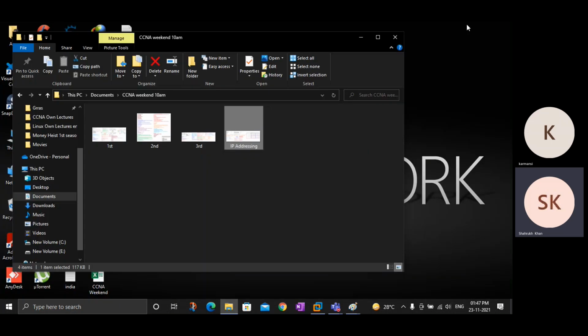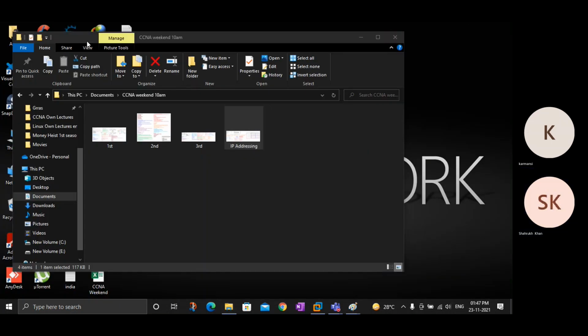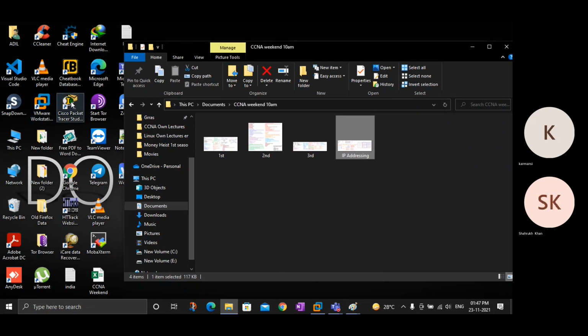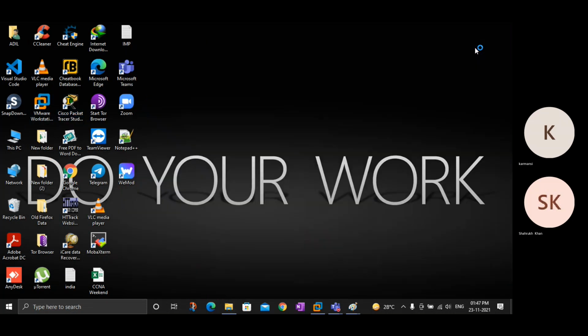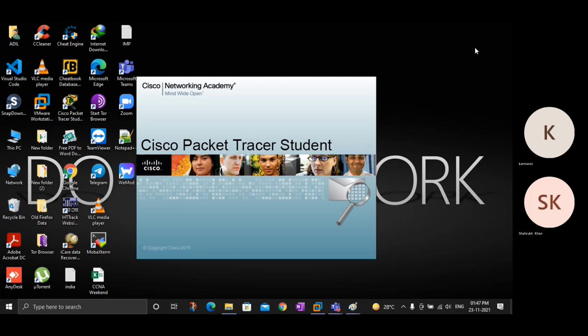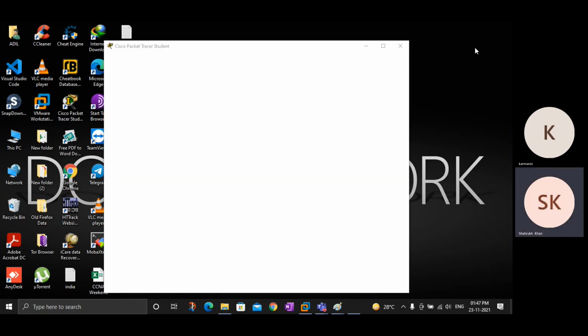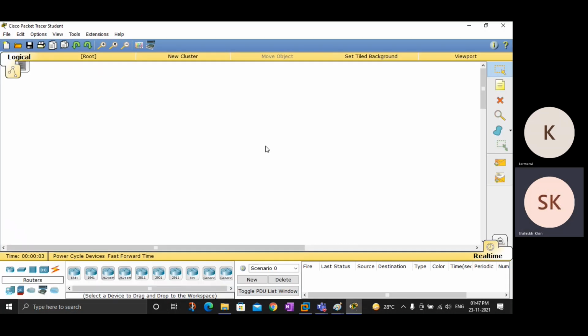Let me show you. We have the Cisco Packet Tracer on which we will be doing the practicals. So here in end devices in the left-hand side corner, you can select PC 1 and 2. Then here we can select the cables, and for now I'm using automatic and just click on that.